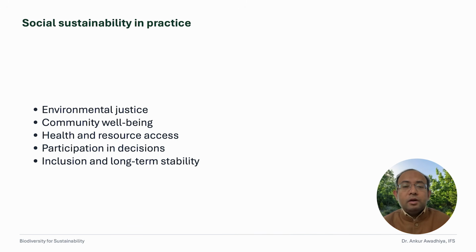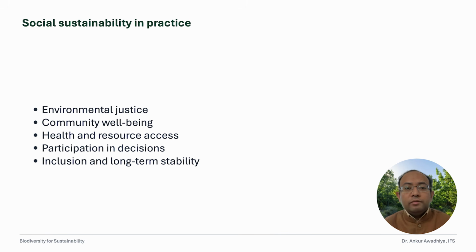In practice, social sustainability appears through environmental justice, community well-being, health and resource access, participation in decisions, and inclusion linked to long term stability. These elements matter because development decisions are always lived by real communities.